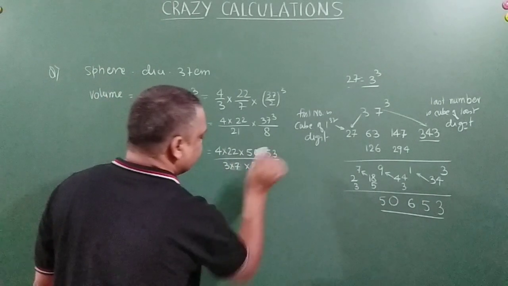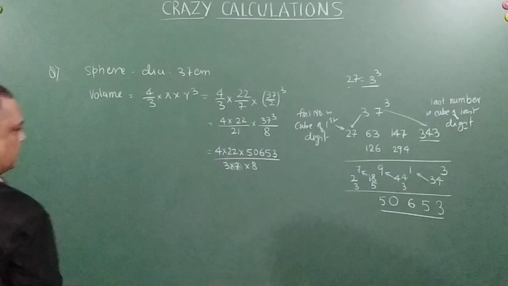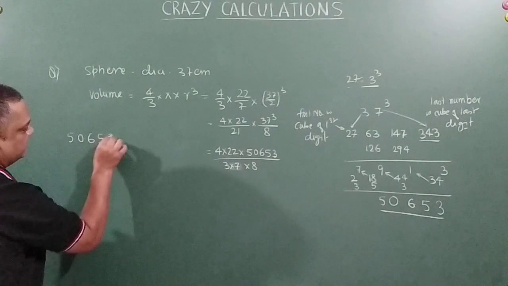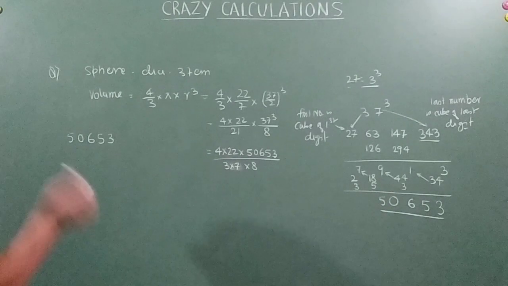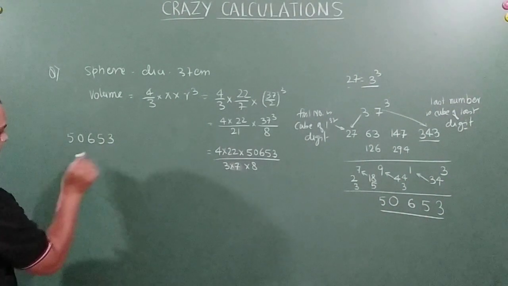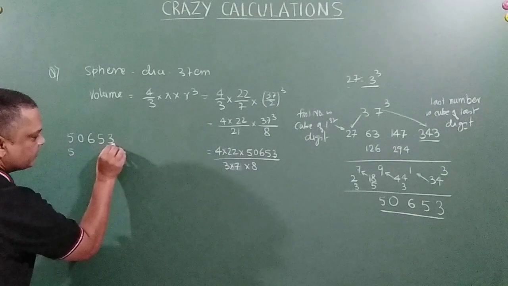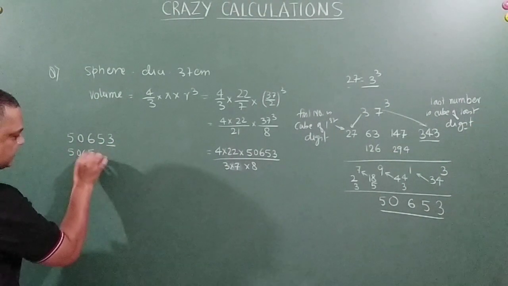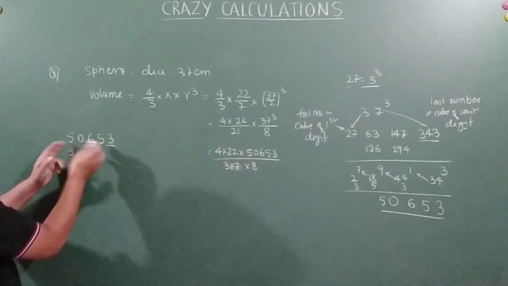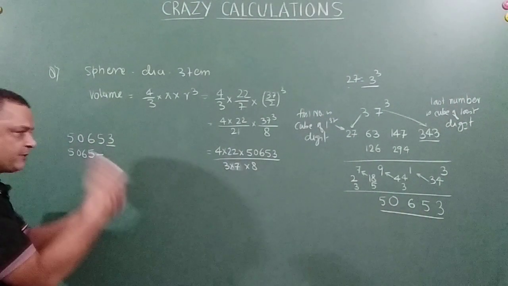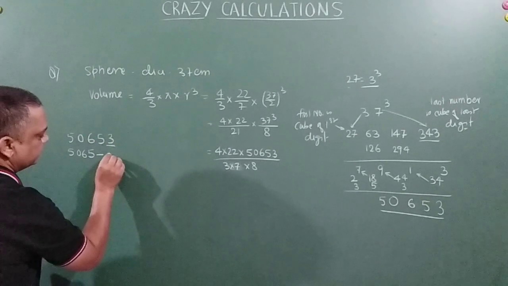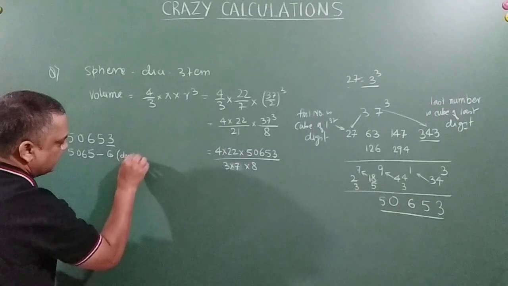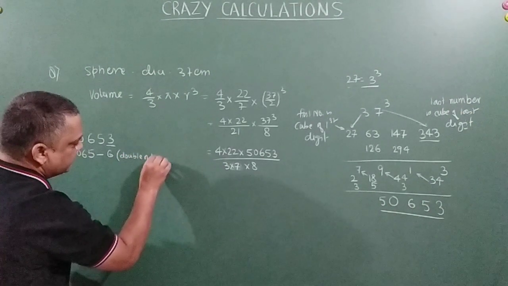Let's check whether this number is divisible by 7 or not. 50653. How do we do it? We write everything leaving the last digit, that is 3, that is 4 digits, 5065. Subtract double of 3, that is 6. Why 6? Since 6 is double of the last digit.